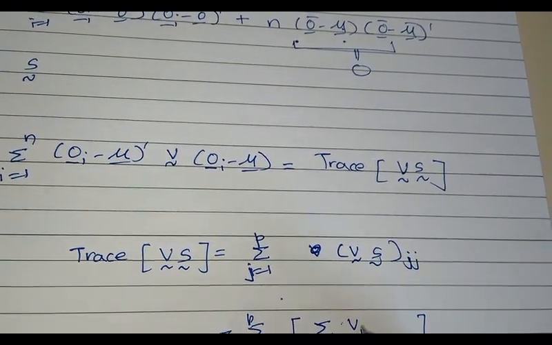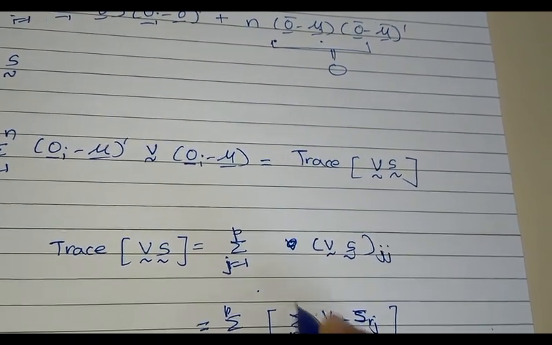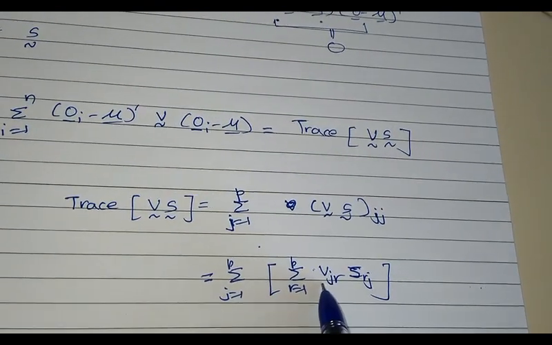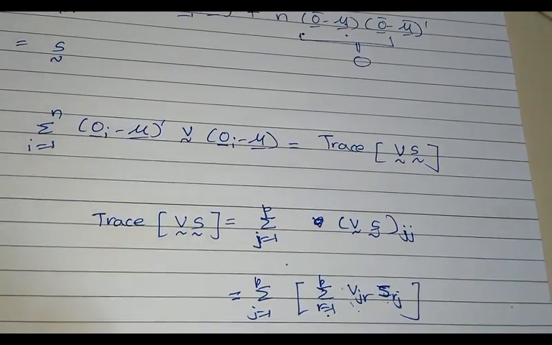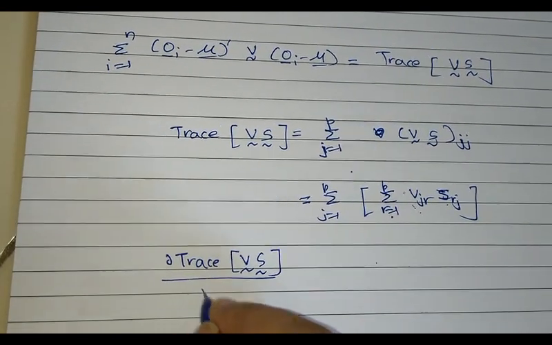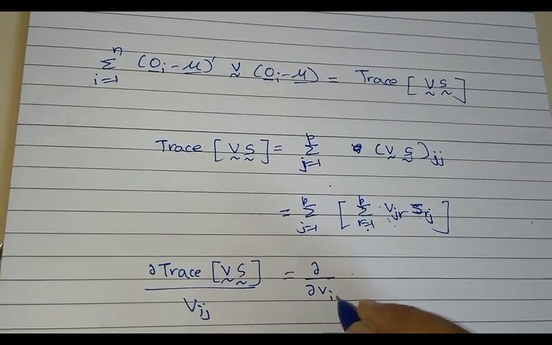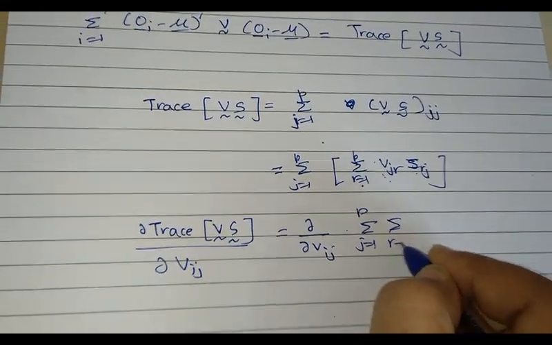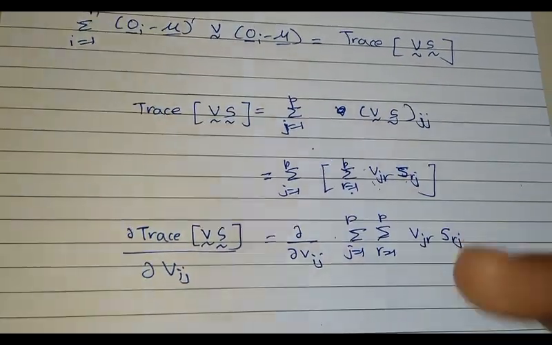The jjth element can be written as V_jr S_rj, where r goes from 1 to p. And now I have to differentiate this with respect to Vij. So I have the derivative of the sum over j going from 1 to p, sum over r going from 1 to p, of V_jr S_rj.